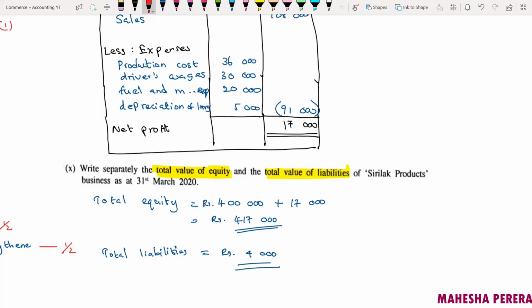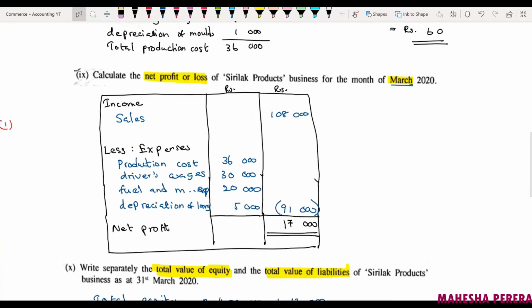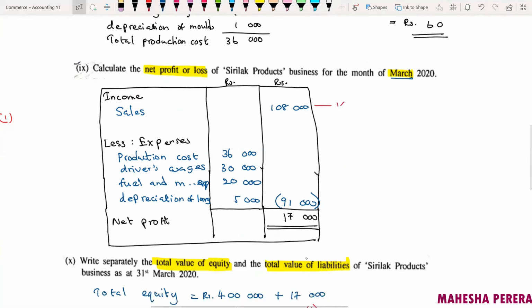Right, let me tell you the marking scheme. I've given 1 mark for this and 1 mark for the equity amount, right? And on the above, to find out the net profit, half marks for the sales figure, then half mark for the final answer.